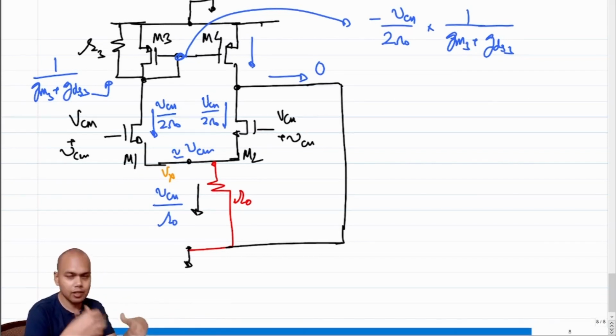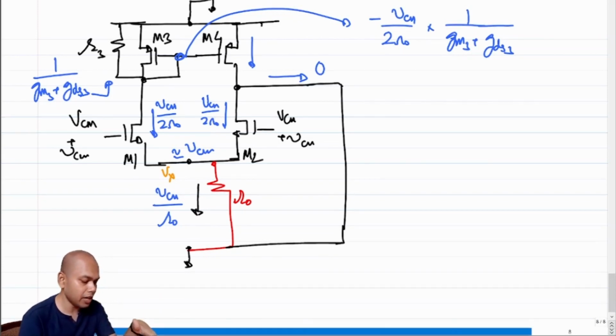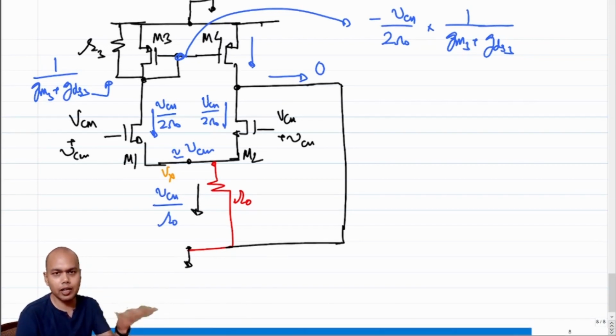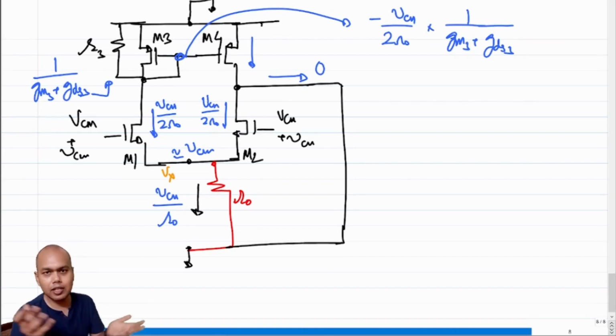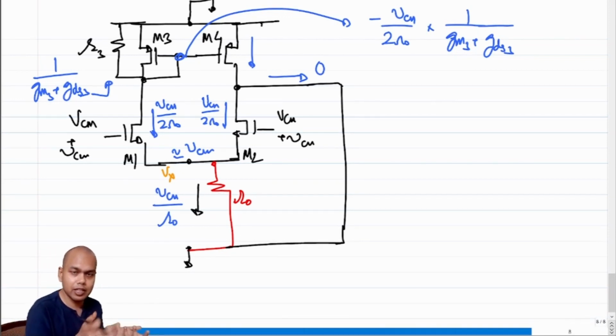But if I flip the current direction, this will become GM3 times VCM by 2 R naught times 1 over GM3, which means again we'll be getting VCM by 2 R naught pointing down. So neglecting GDS3 will lead to the same answer, that is 0, right? So we are trying to figure out if neglecting channel length modulation has caused a problem or not, right? So we cannot neglect it now.